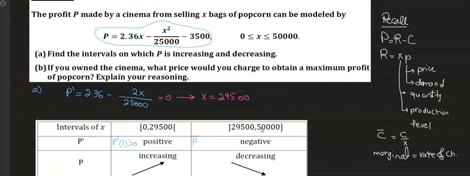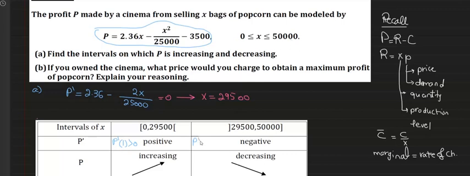This would be correct as well, mathematically. But here, according to the context of the problem, it was given that x varies from 0 to 50,000, so it's of no use to go from negative infinity to infinity. We are only interested in that interval, that entire domain of the function.